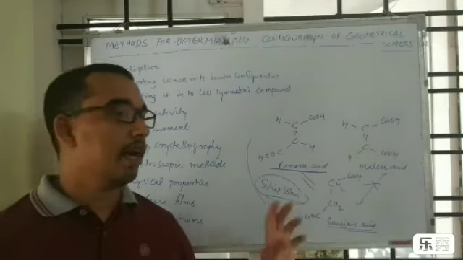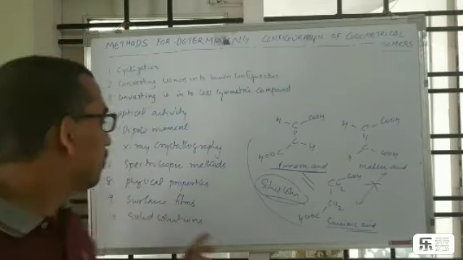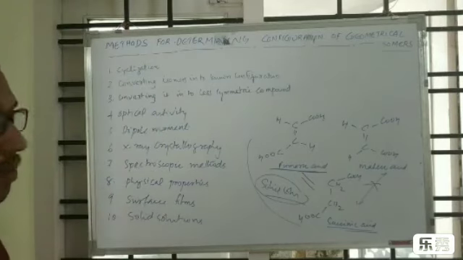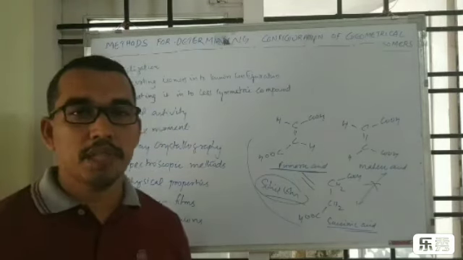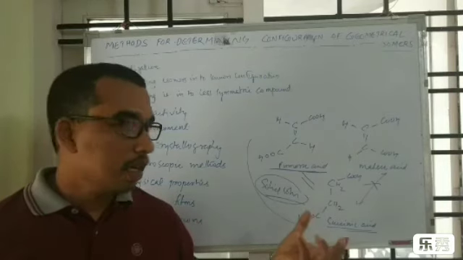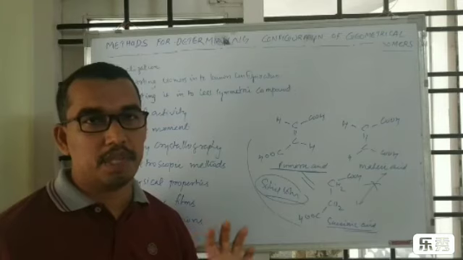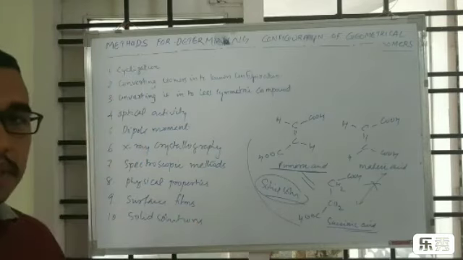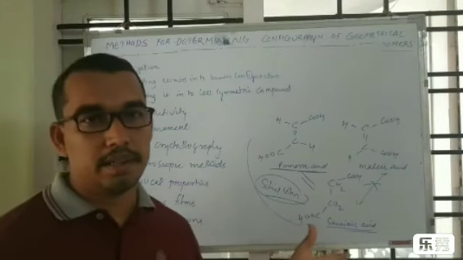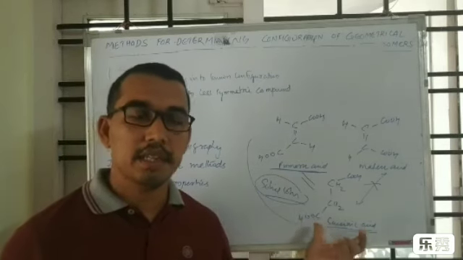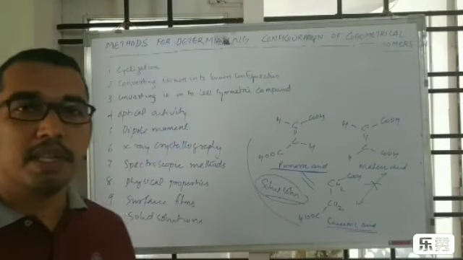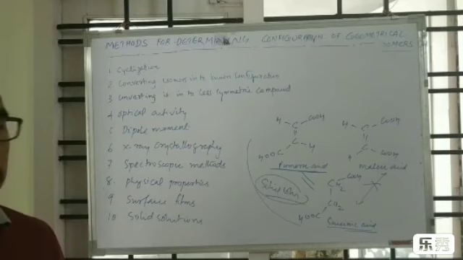Melting point is higher for trans isomer. The next method is surface films. Long chain geometrical isomers having a terminal group capable of dissolving in a solvent will form surface film. And if the surface film is densely packed, it is trans. If it is loosely packed, it is cis isomer. With that, we can determine the configuration of geometrical isomer.